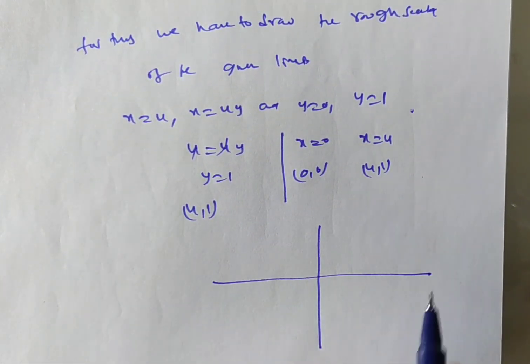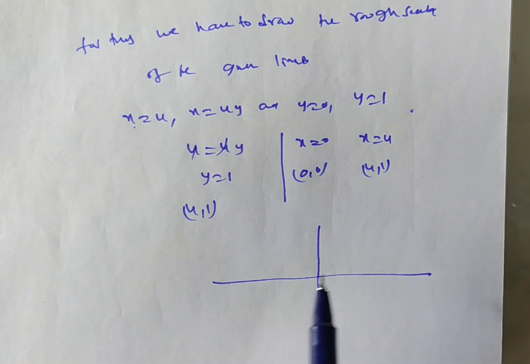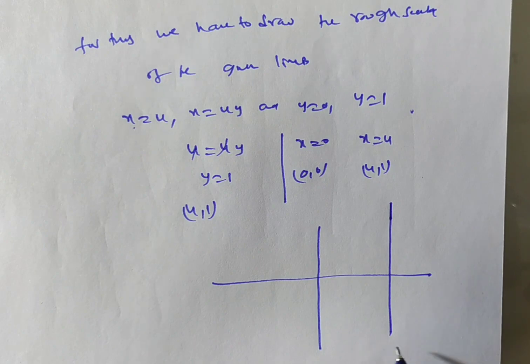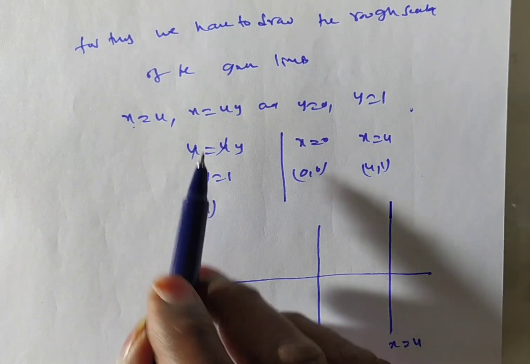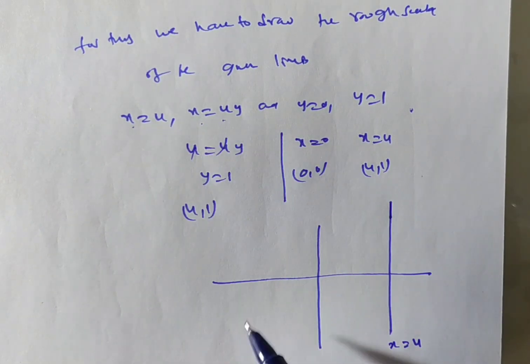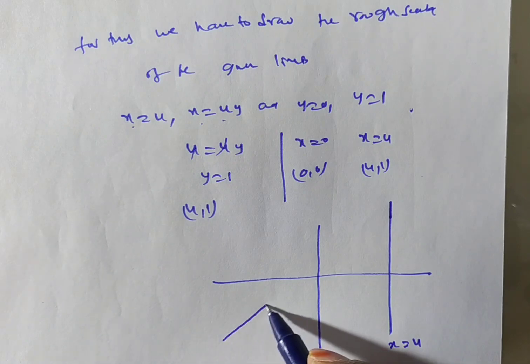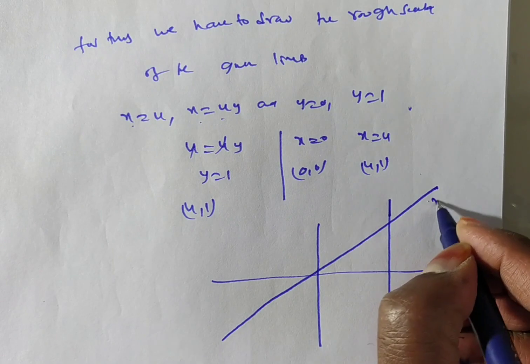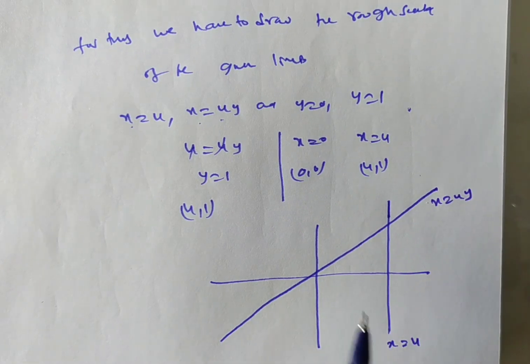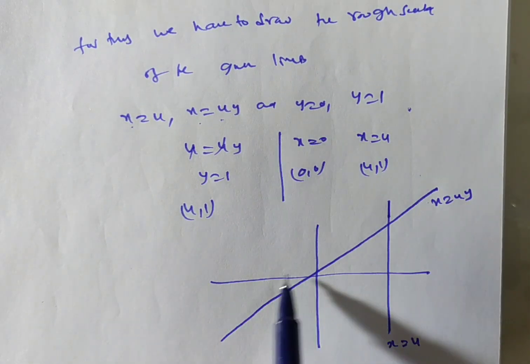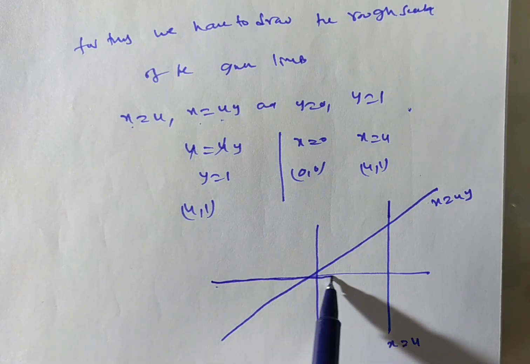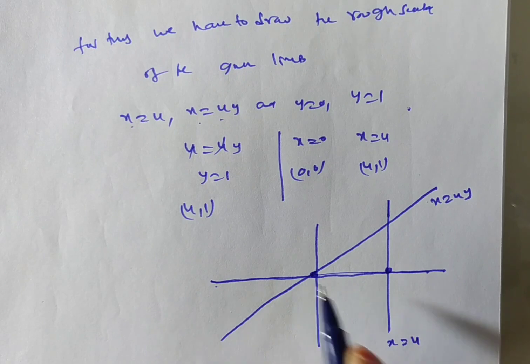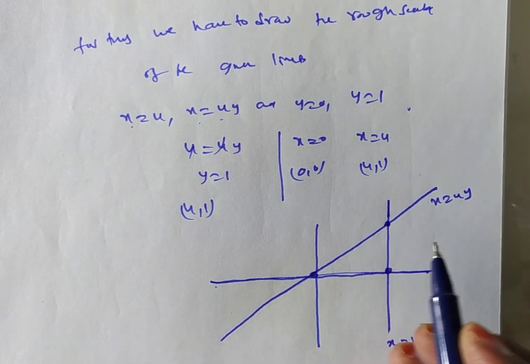You observe what we have first. X is equal to 4 is parallel to the y axis. Next, x is equal to 4y is a straight line passing through the origin. Next, y is equal to 0 means the x axis, and it touches these points.